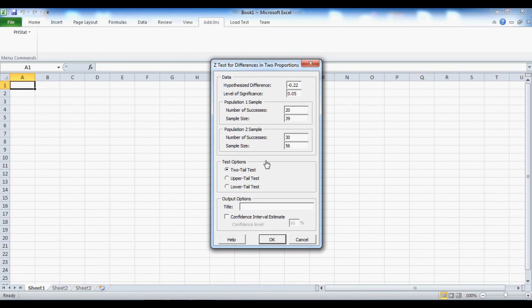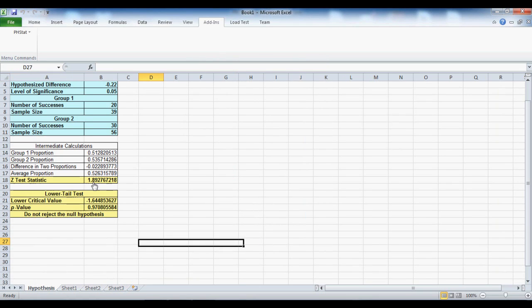And from the test options, we choose the lower tail test. And we will name the table as two sample table, and press OK. So as we can see in the table, these are the inputted values from the previous window, and these values are the critical values that we need.